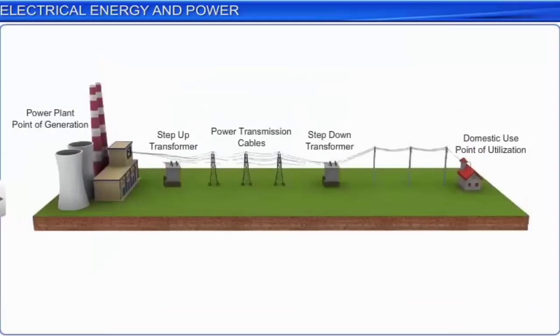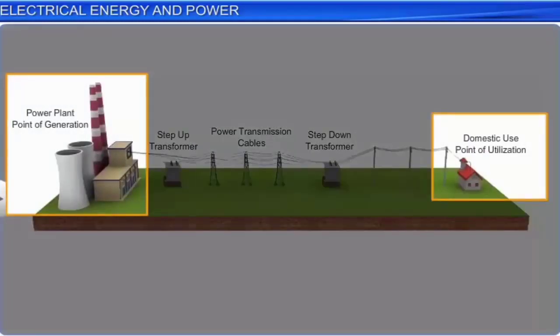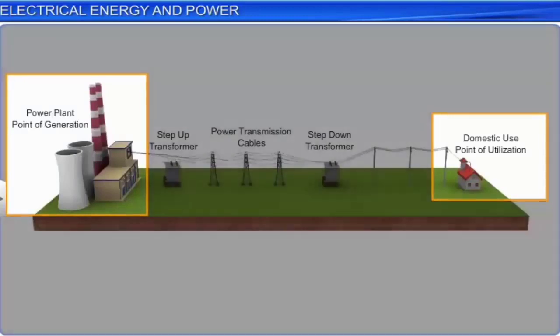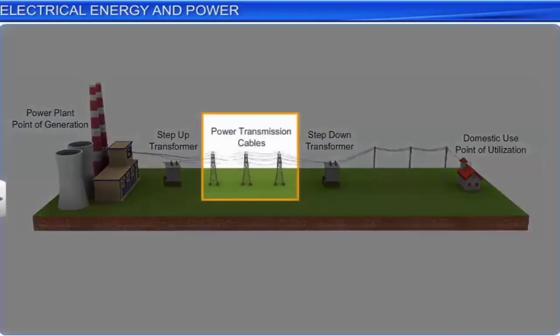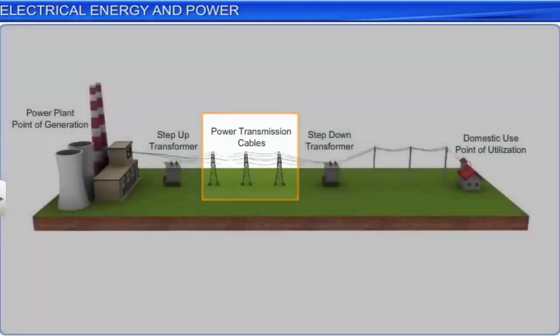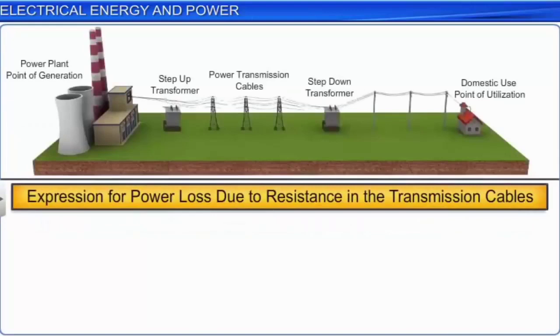The distance between these 2 points is often very large. The transmission cables have a certain resistance due to which there is a huge power loss. Using equation 8, that is, P is equal to I square R, we can derive an expression to calculate the power loss due to resistance in the cables.